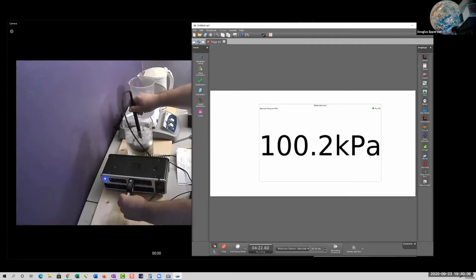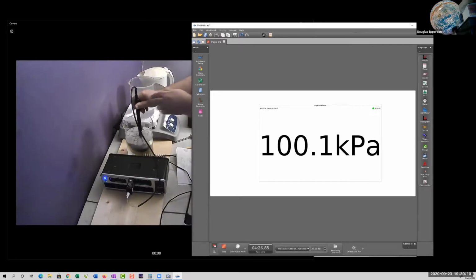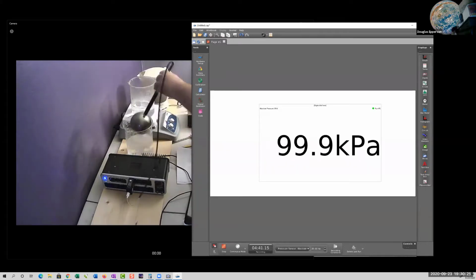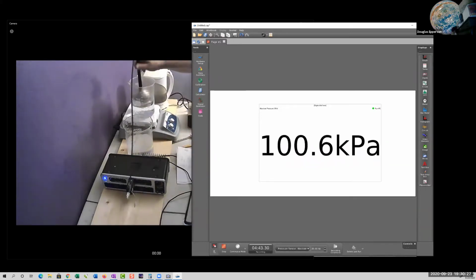So I'm going to put this back on here. Third run now, 0 degrees Celsius, 100 kilopascals. And third run, this will be the last run, and that's the data that will be taken.